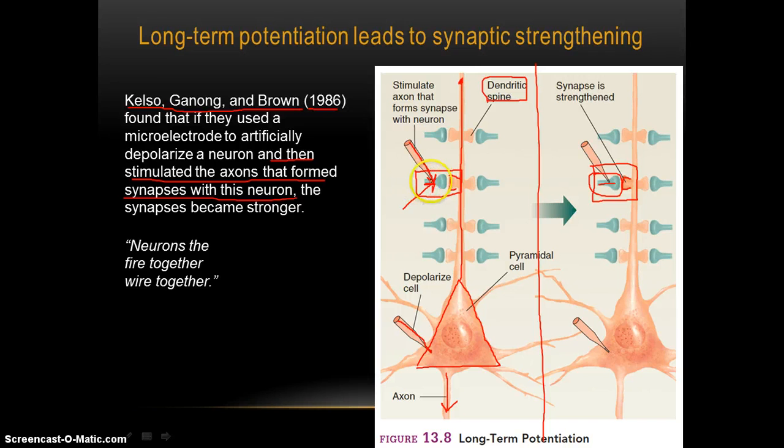You know, if this blue neuron had been stimulated and it released neurotransmitters, maybe sometimes this pyramid cell would generate an action potential in response to that, but not all the time. This would have been a fairly weak synapse. But after this strengthening process, these two neurons have essentially been glued together.